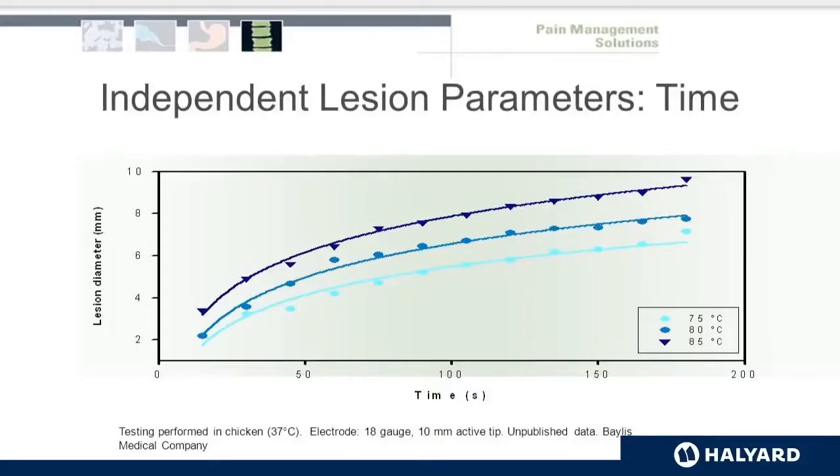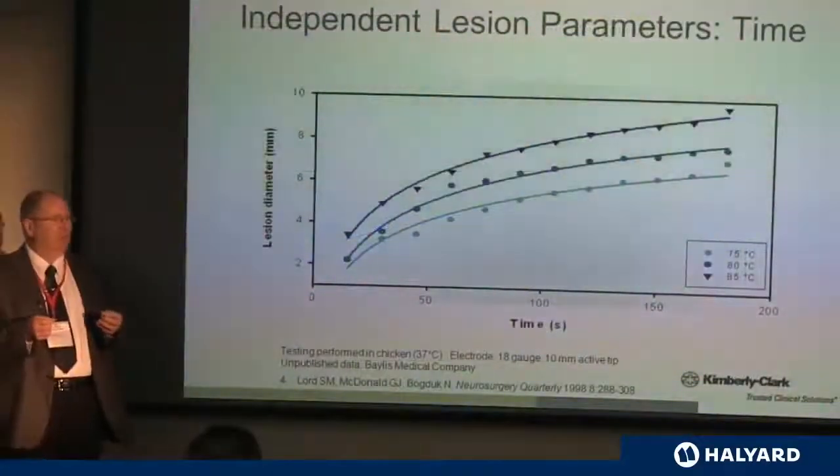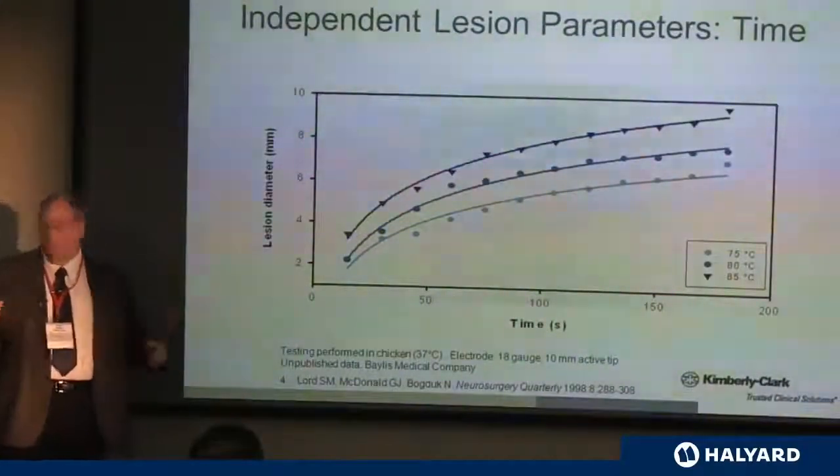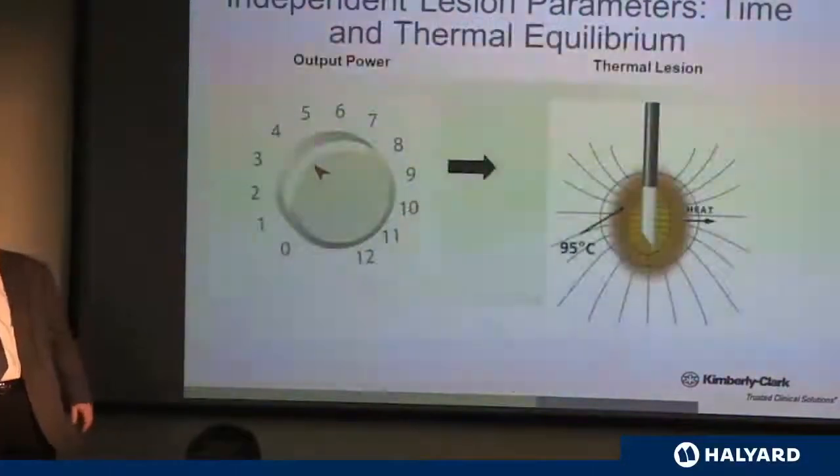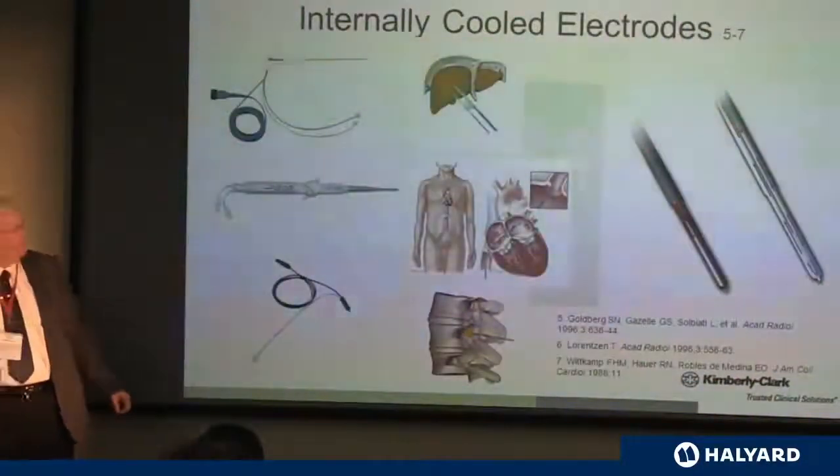The lesion is formed to the point there's very little fluid left in that tissue, and the resistance goes up, so it starts to self-limit how much more energy you can add. So there's a natural size that the lesion will grow to, and then it won't grow anymore. All you're doing is starting to char the tissue, or carbonize the tissue.